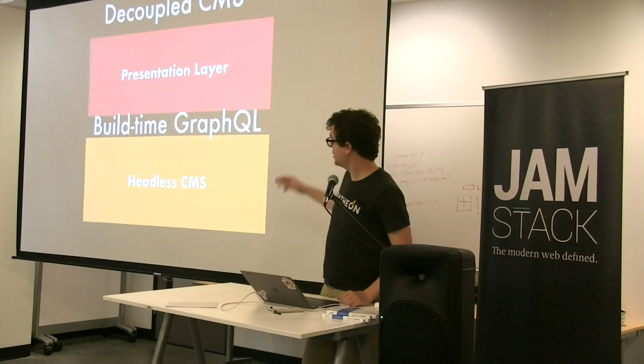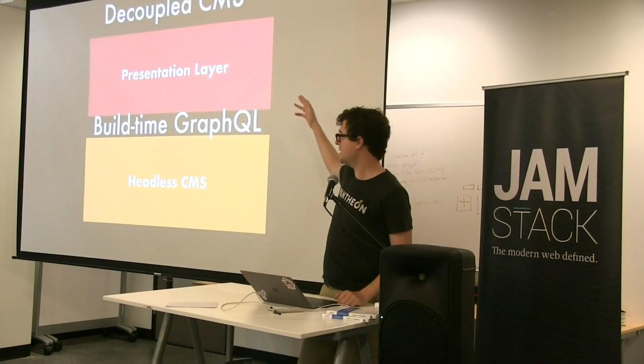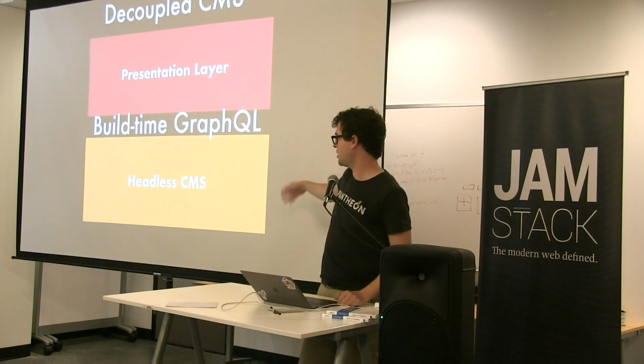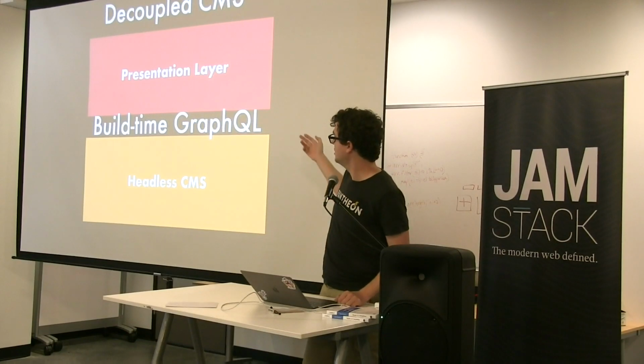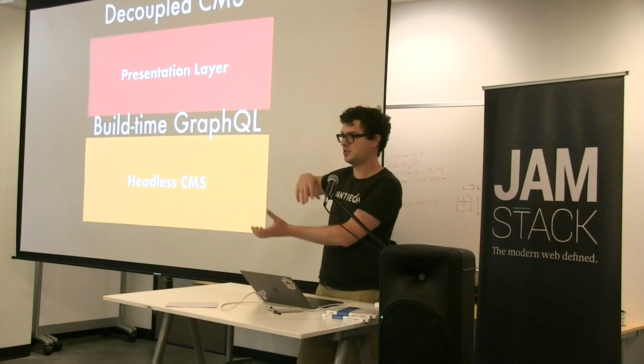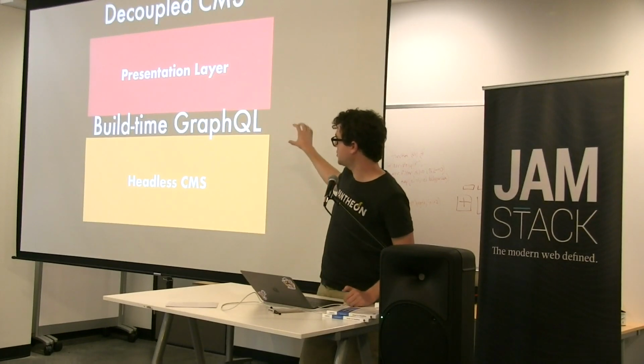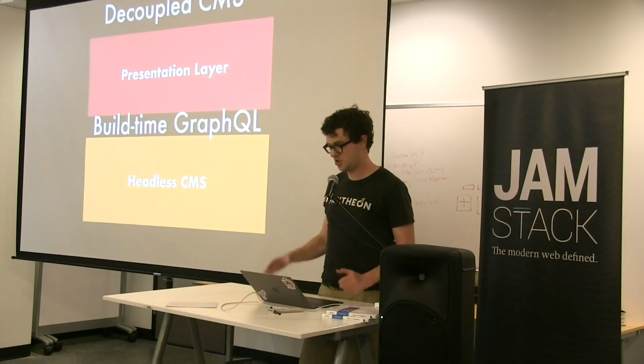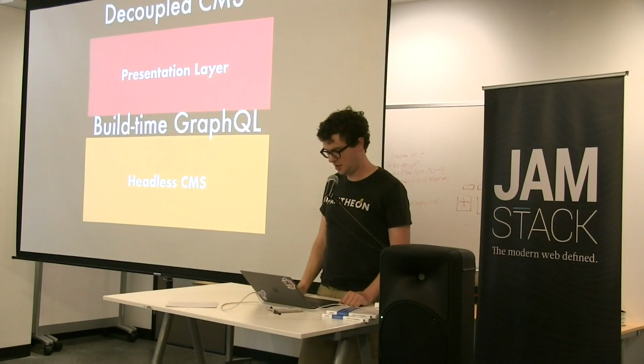And so now we have all the advantages of a decoupled CMS, where it's very easy to swap out the different data sources, or even have multiple data sources. But we don't have this awkward problem of how do we get the data into our components, into our site? Because the build time GraphQL that's built into Gatsby makes a seamless glue between the decoupled layers.